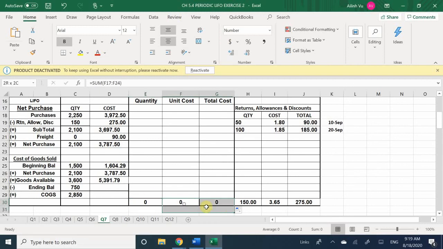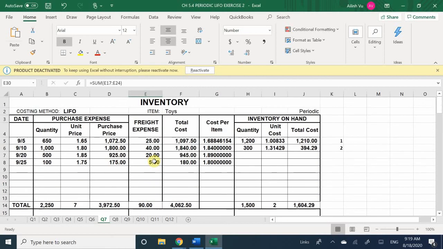Okay, I'm just making my little sum table so I can do my calculations easily. Okay. So, what method are we using? Costing method, LIFO. All right. So, which batch are we going to start from? The last batch, the 100.